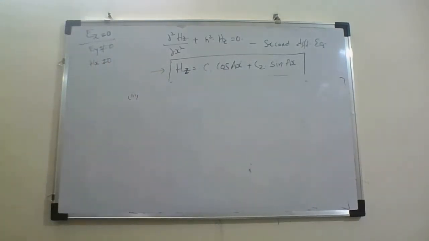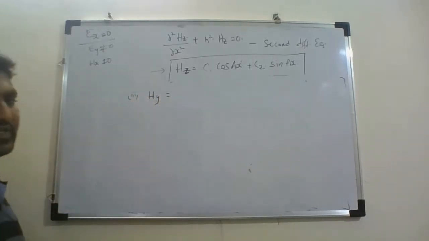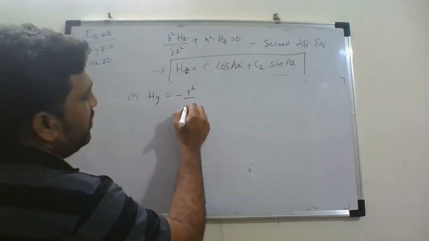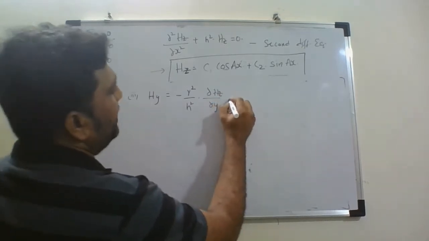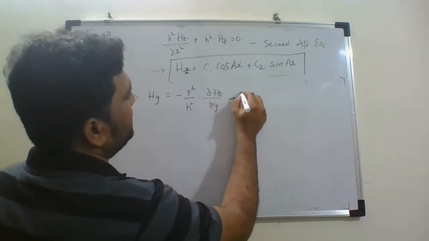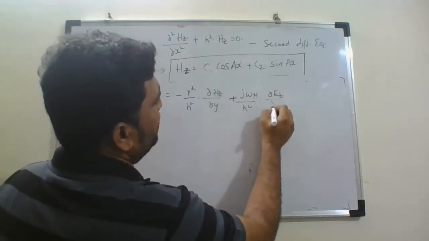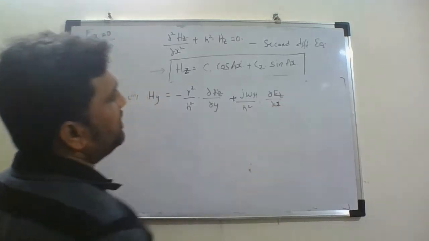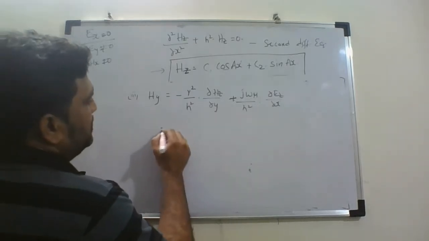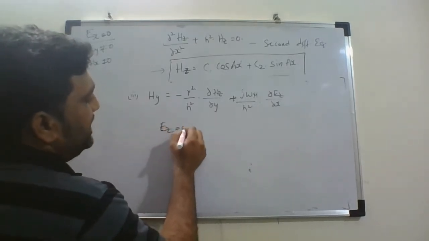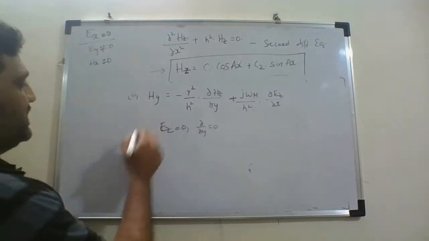The final component for us is Hy. As per the general formula, Hy is equal to gamma square by h square into dou Hz by dou y, plus j omega mu by h square into dou Ez by dou x. Using the conditions, Ez is equal to 0 and dou by dou y is equal to 0, so let us substitute that.